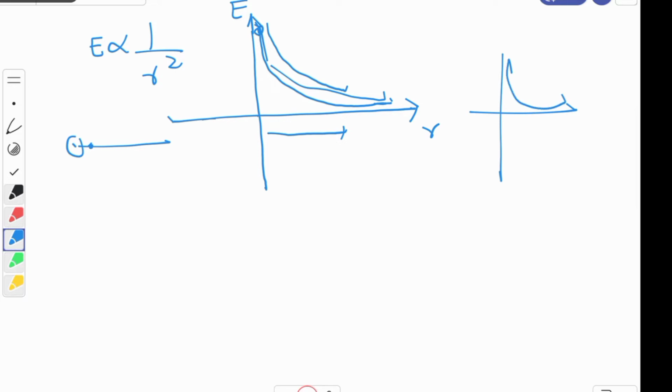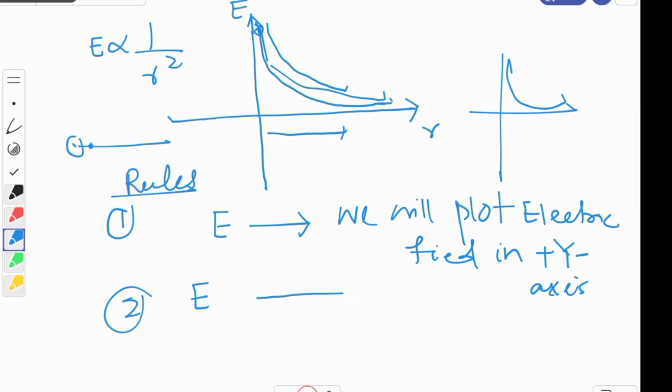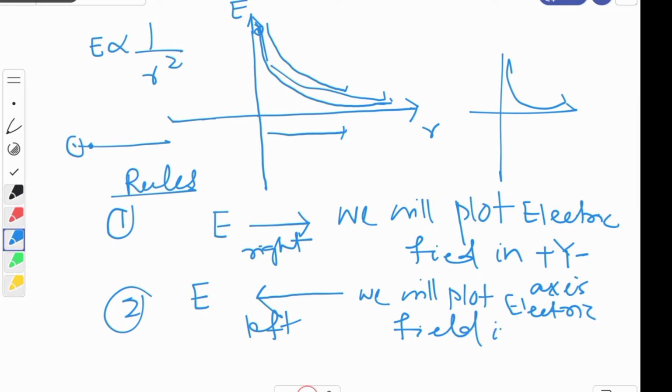Now, for plotting the graph, there are some rules. First rule: if the electric field is in the right direction, directed towards the right, we will plot the electric field in the positive y-axis. If the electric field is directed towards the left, we will plot the electric field in the negative y-axis.